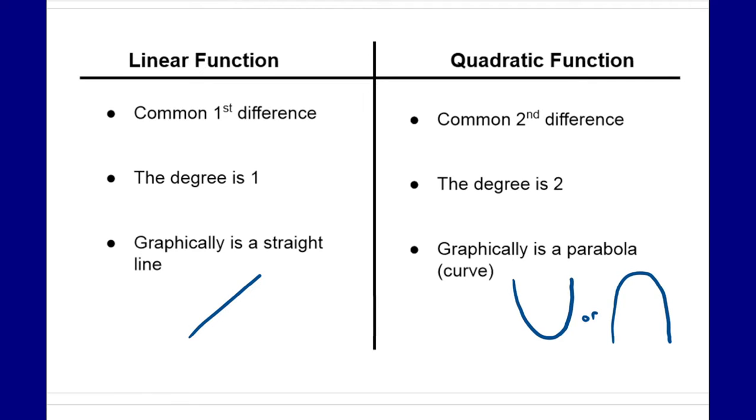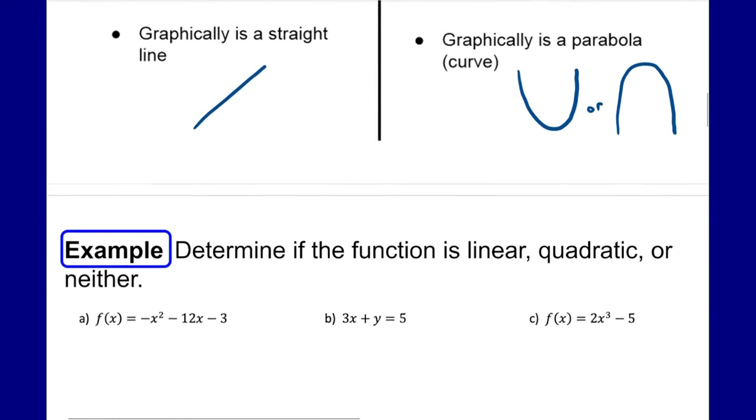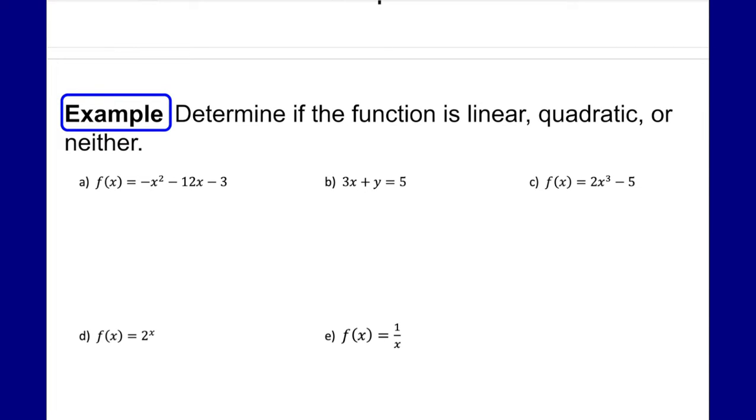Now we're just going to look at some different representations and see if we can identify what type of function it is. So first we're going to look at simply equations, and we're going to see if the function is linear, quadratic, or neither. So what we need to do is look at the degree, and from there we should be able to determine linear or quadratic or neither.